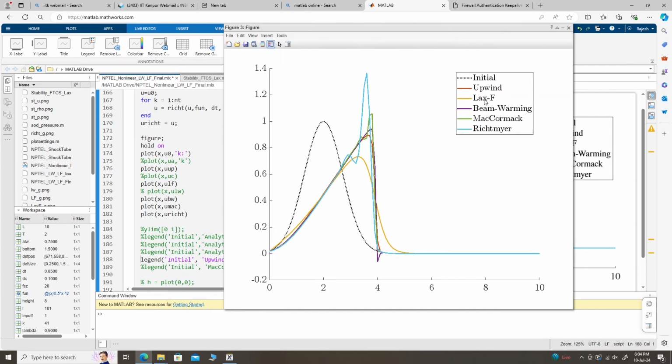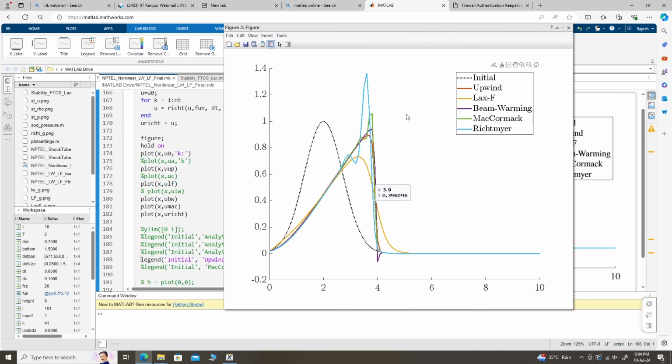So, your Lax-Friedrichs behavior is much better, although there is a lot of dissipation here. Richtmeier is showing some kind of dispersion here. MacCormack also shows dispersion. Remember, for the linear problem, both Richtmeier and MacCormack are like Lax-Wendroff. So, they will have dispersion, and Beam-Warming is showing very little dispersion here, but it has the lagging phase error. That is why you have this dispersion coming here.